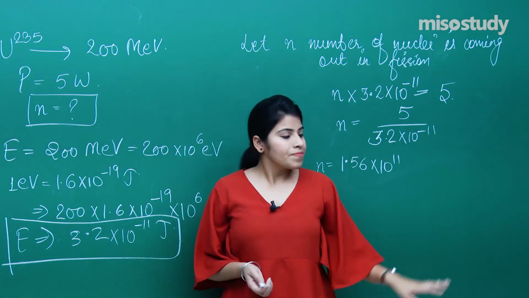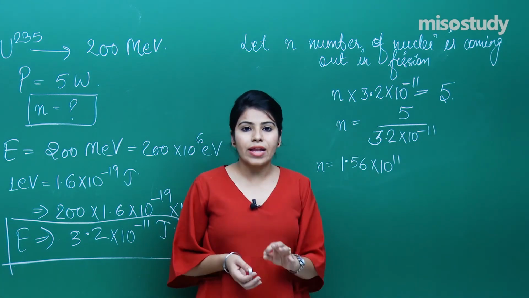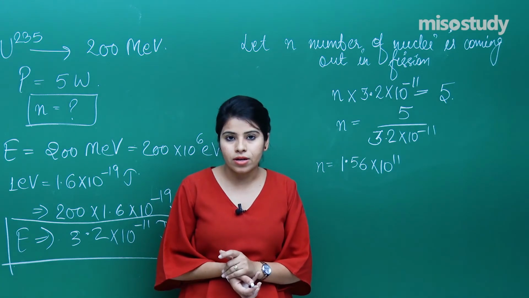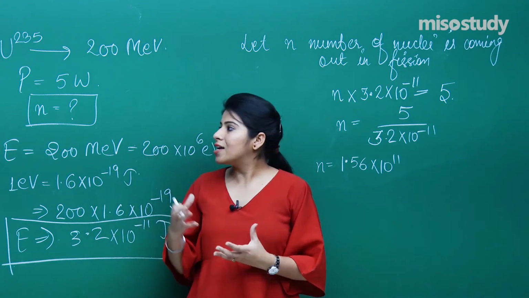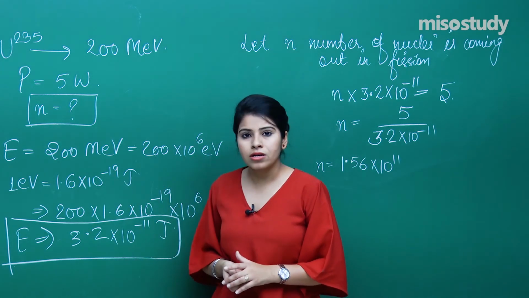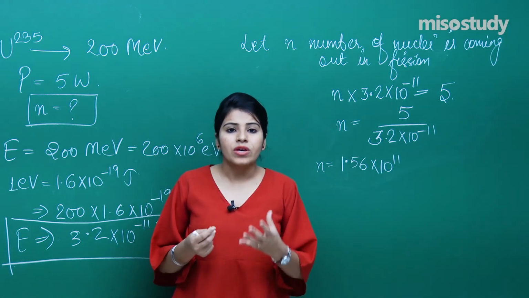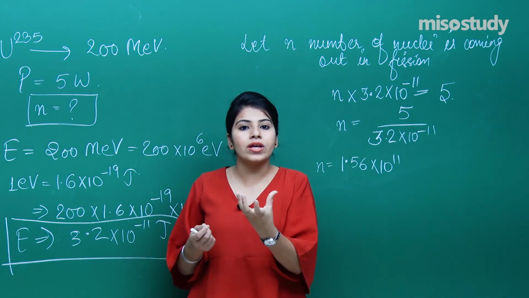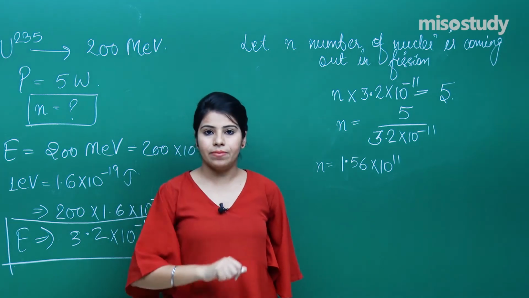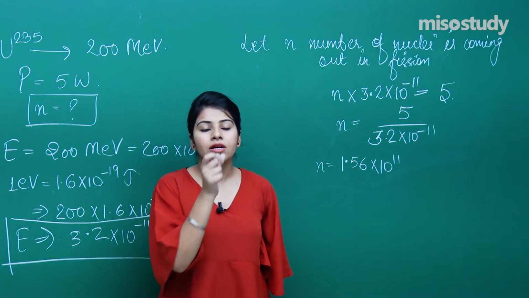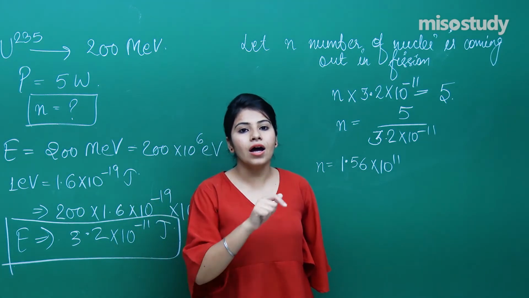Let me see what values have been given in the options. Before that, let me tell you one thing. If they are speaking about the fission rate, what is the fission rate? Fission rate is the number of nuclei generated out of this fission per unit time.